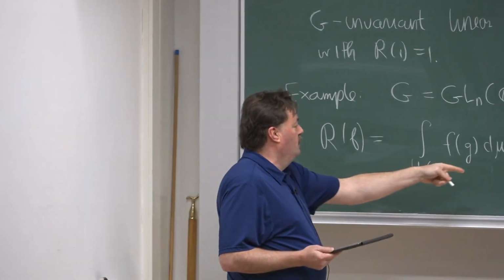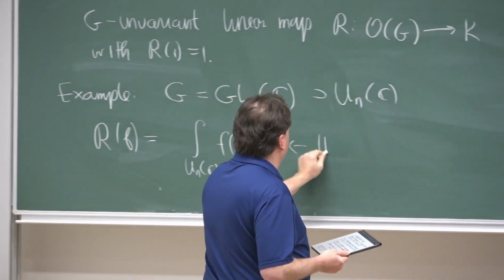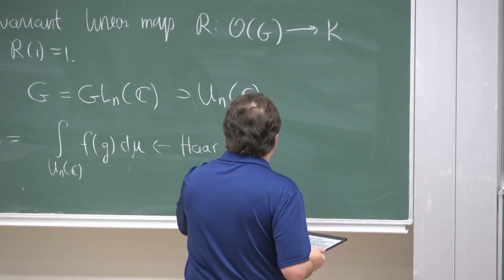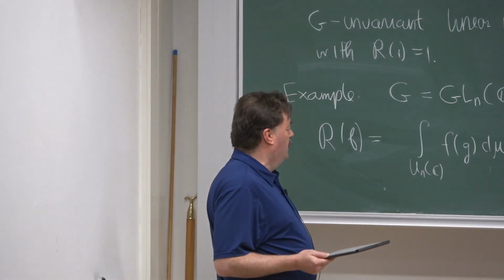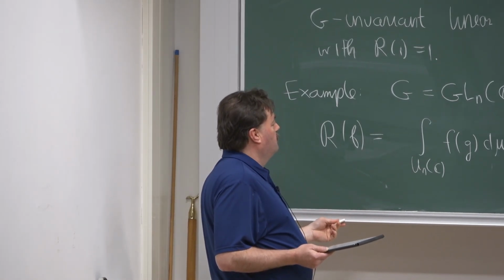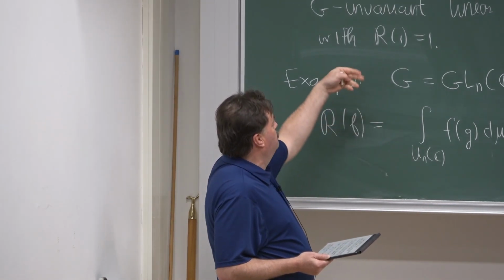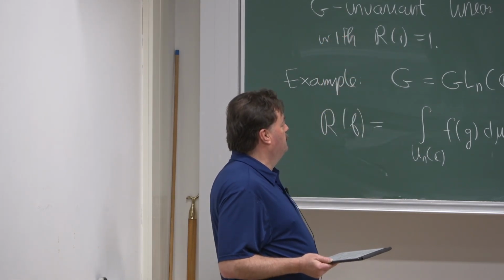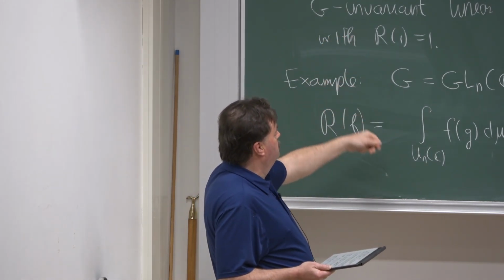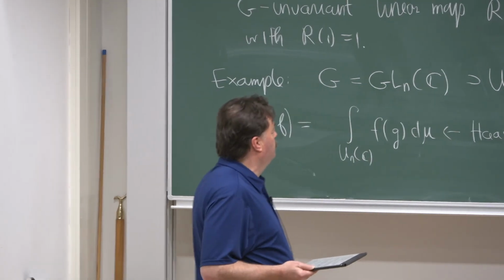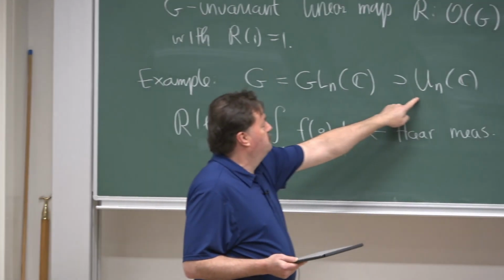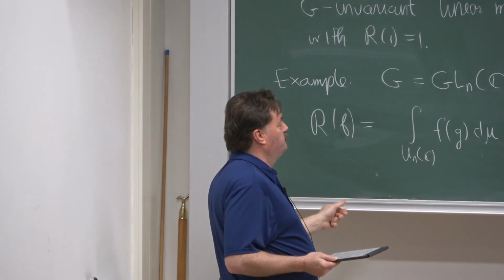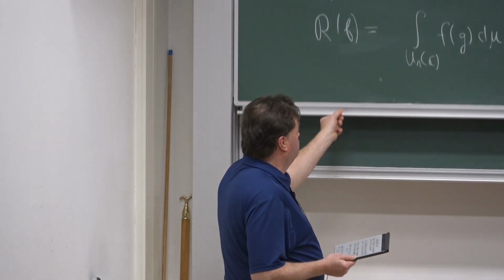I normalize this Haar measure such that U_n has volume 1. Then this would be such a Reynolds operator and would satisfy this property. It's invariant under the unitary group automatically because it's a Haar measure. But since the unitary group lies Zariski dense in GL_n, it's automatically also GL_n invariant.